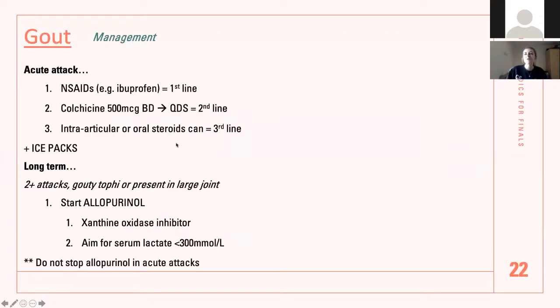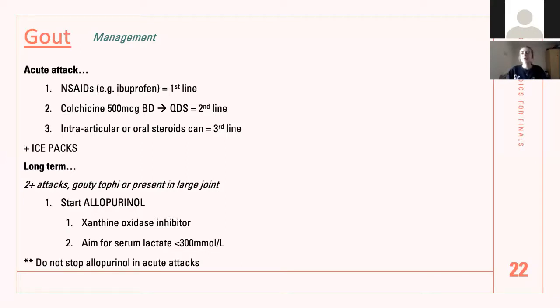So management. An acute attack of gout is managed with NSAIDs, so ibuprofen first line. If patients can't take NSAIDs, then you can prescribe colchicine. So that's 500 mcg, and that can be twice a day to 4 times a day. You prescribe colchicine in patients that have renal impairment or significant heart disease.